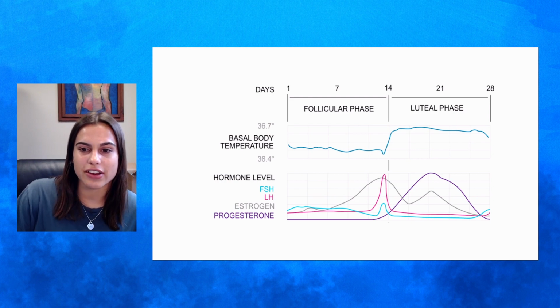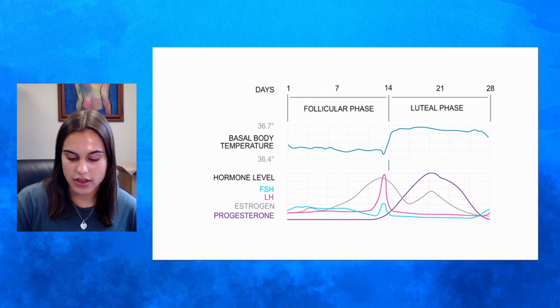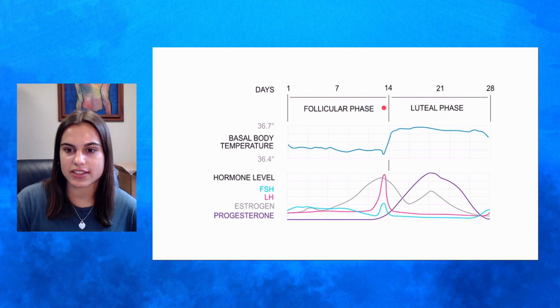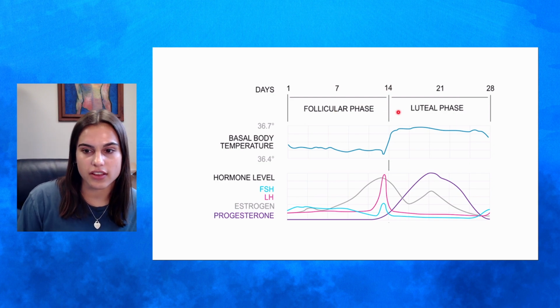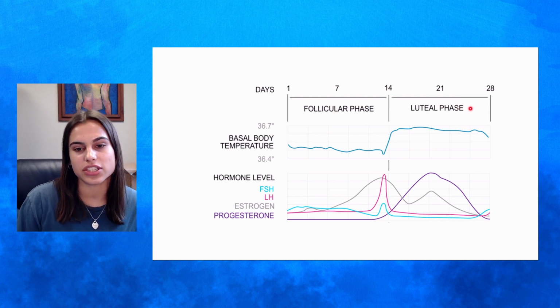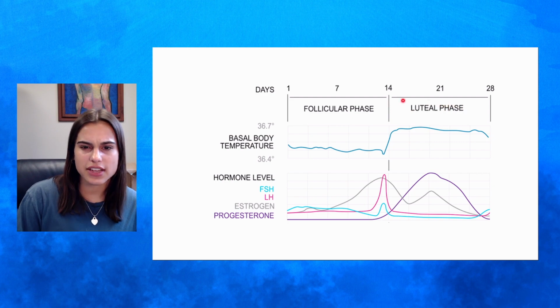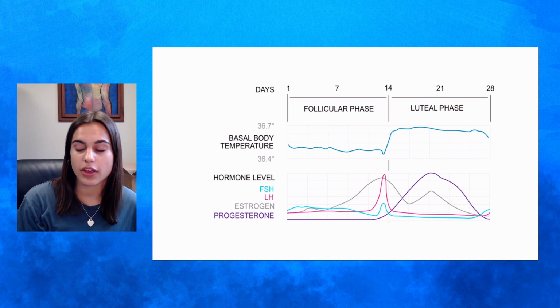So on the diagram you can see between days 1 and 4 is the follicular phase, and then at day 14 that is the ovulation phase, and then the luteal phase, and then menstruation is actually at, I think, day 1, not at day 28, and that's when it starts.